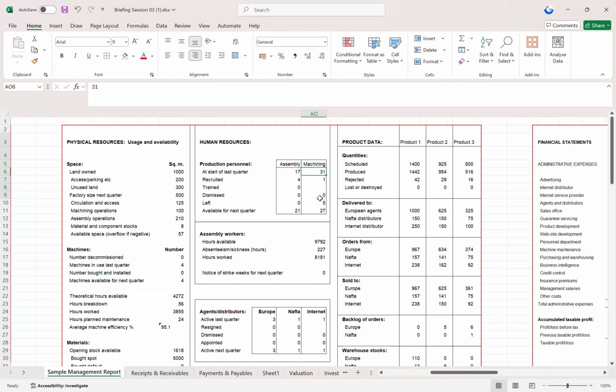And if I buy a new machine also for the next quarter, then how will that gap of machinists be fulfilled? So the dismissal will stop, right? They will not be dismissed to that extent, sir.